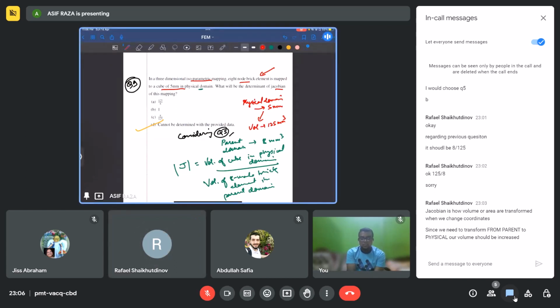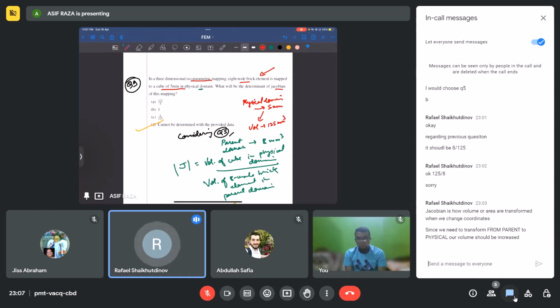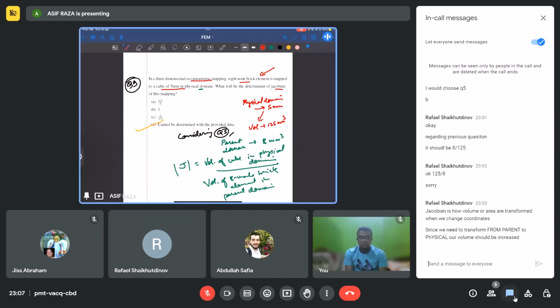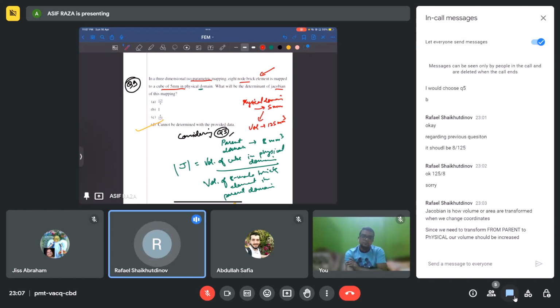Yes, but that needs to be specified, because for an 8-node brick element we can also use like -2 to 2 in all three axes. But when we use a parent domain, it's quite standard, isn't it? But there is no mention of the parent domain as well. Okay, I agree.